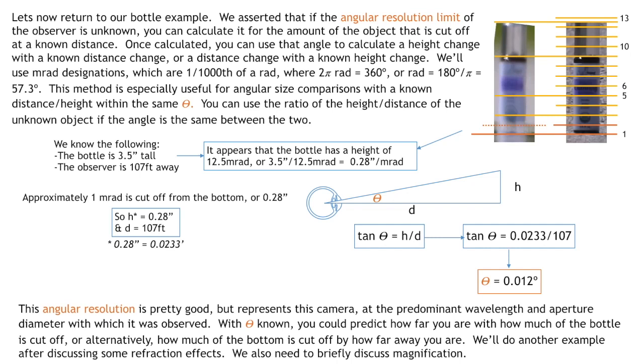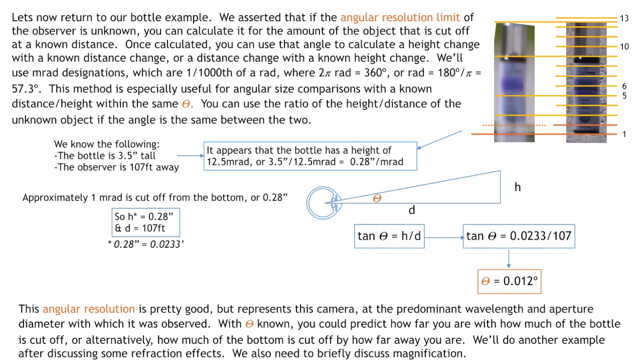Again, these designations were somewhat arbitrary. I just took the amount that appeared to be cut off as 1 unit, and I stratified them up from there, and you can do the math from that point. Approximately 1 MRAD is cut off from the bottom, or 0.28 inches.